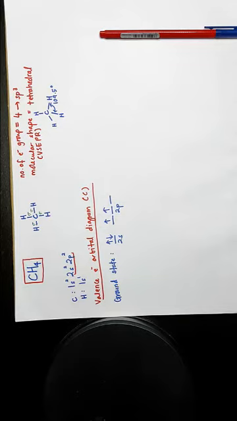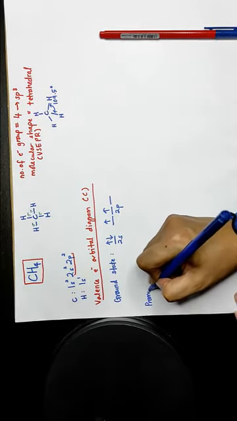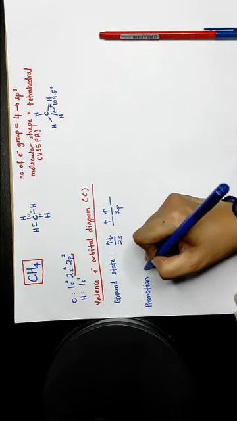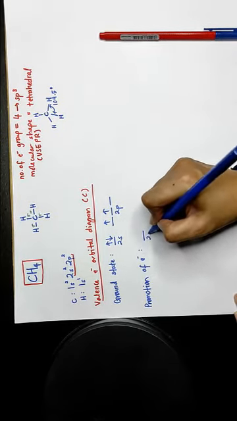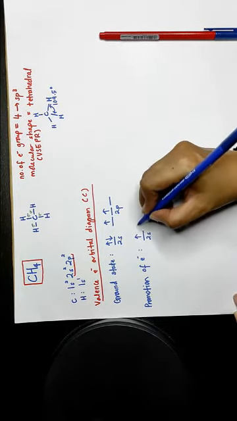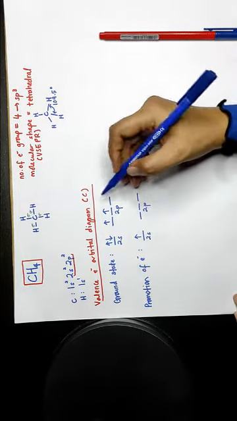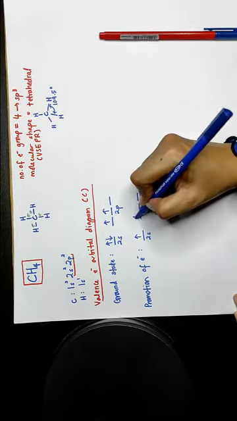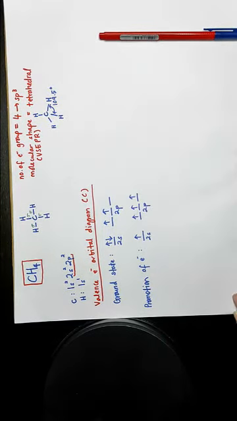So we continue with the next step, promotion of electron. One electron from the 2s orbital is promoted to the available space in the 2p orbital. 1, 2, now the promoted electron is this one.